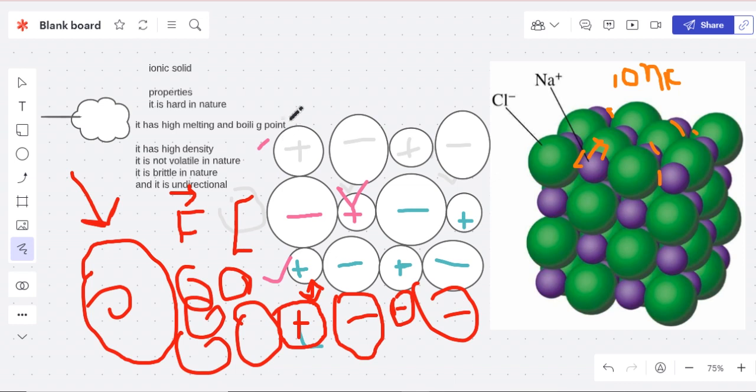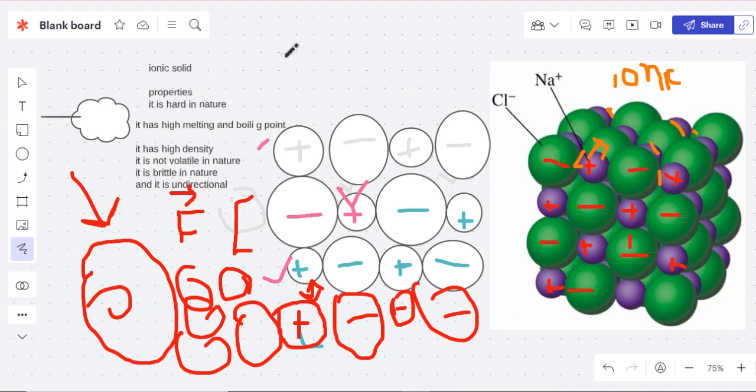An ionic solid is usually arranged in this form: negative, positive, negative, positive, and so on, the same arrangement throughout the structure.